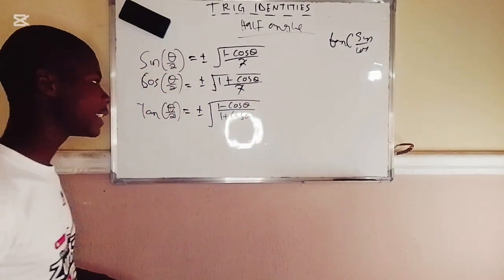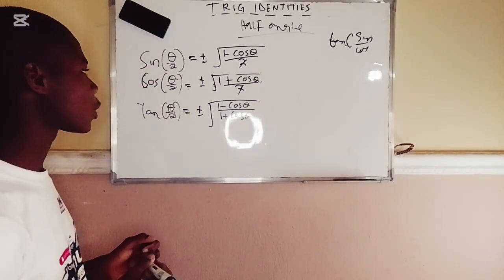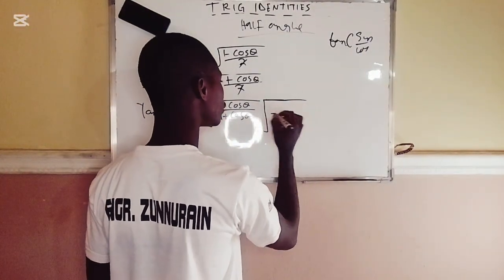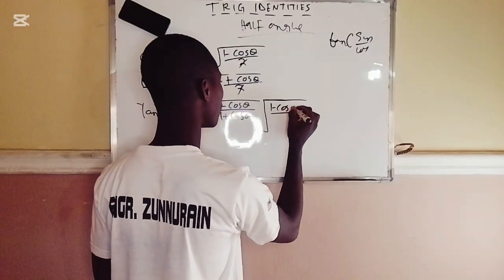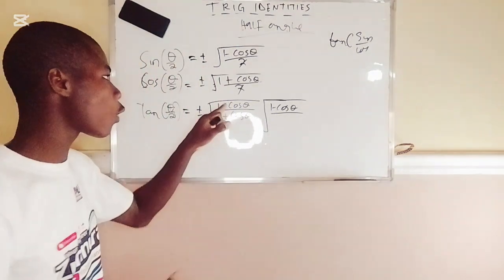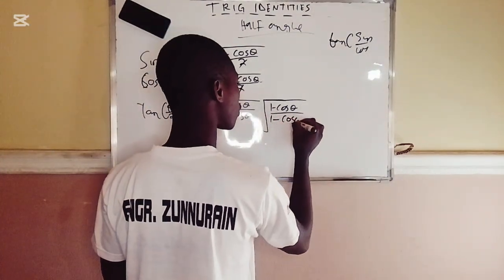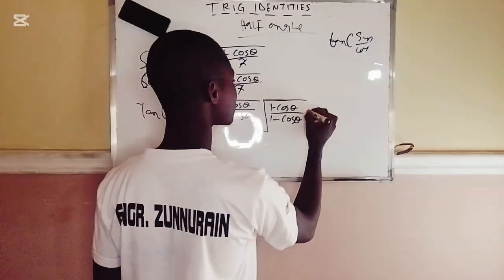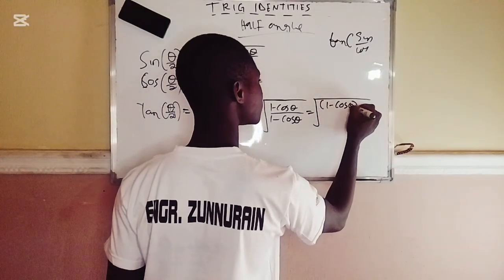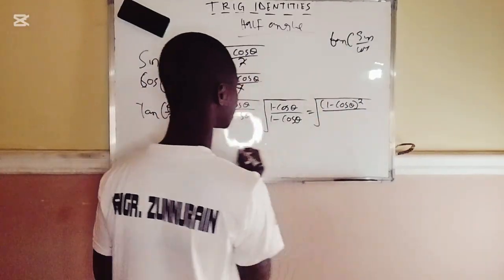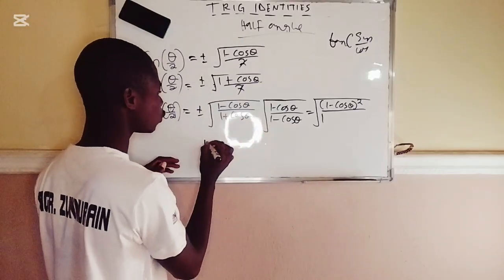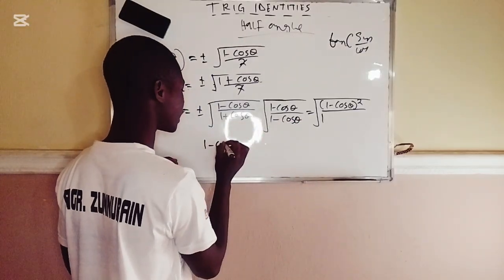So let me find the value of this tan theta over 2, because I can't leave it like this. Let me multiply it by 1 minus cos theta, or 1 plus cos theta, but I'm dividing by 1 minus cos theta. If I multiply this by this, I will end up with 1 minus cos theta squared, divided by 1. 1 multiplied by 1 gives 1. 1 multiplied by negative cos gives negative cos theta.